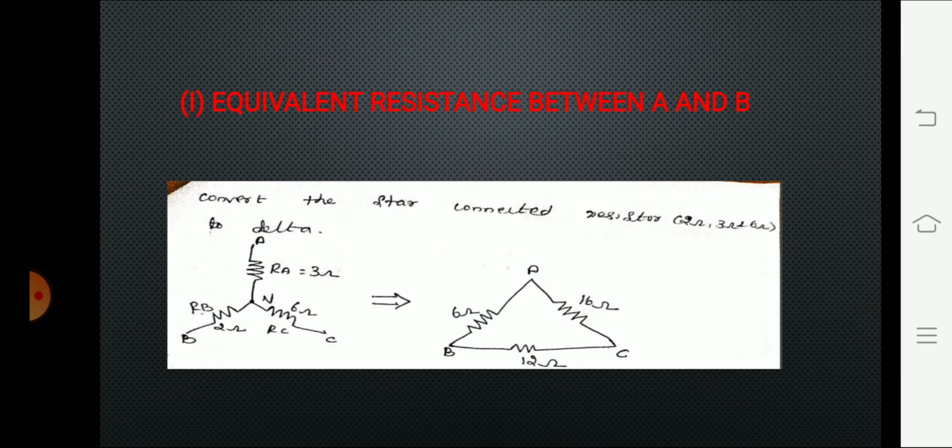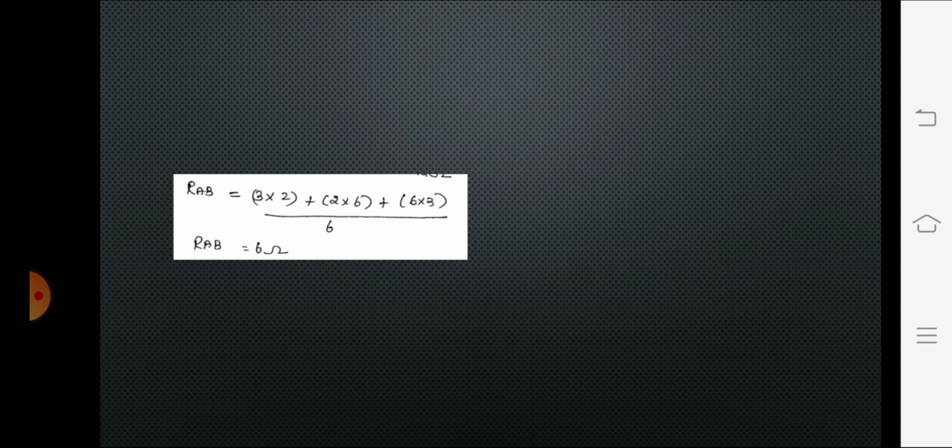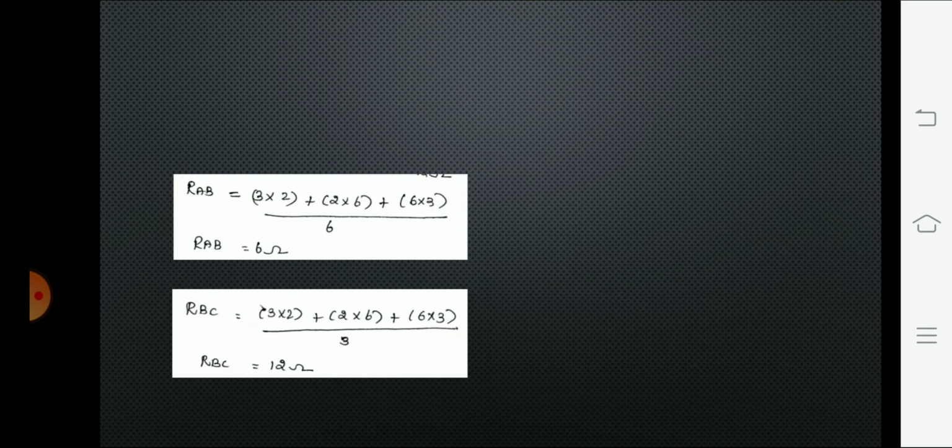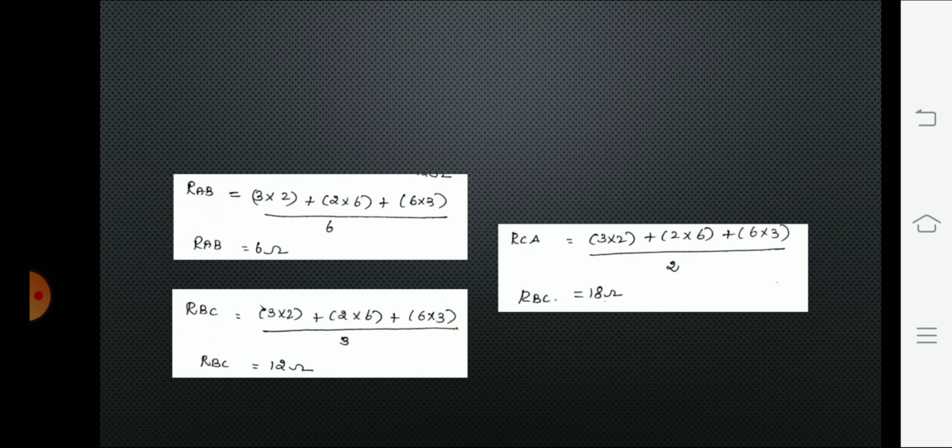First, we calculate the equivalent resistance between A and B. Convert the star connected resistors 2 ohm, 3 ohm and 6 ohm into the delta. We know the delta formula. Substituting values in this formula, we get the answer RAB is equal to 6 ohm, RBC is equal to 12 ohm and RCA is equal to 18 ohm.